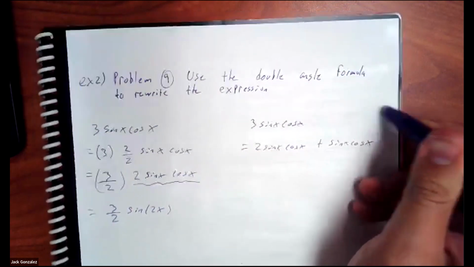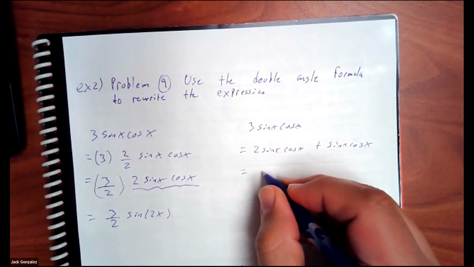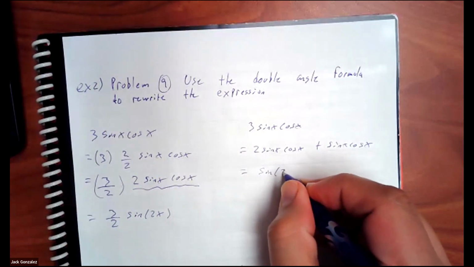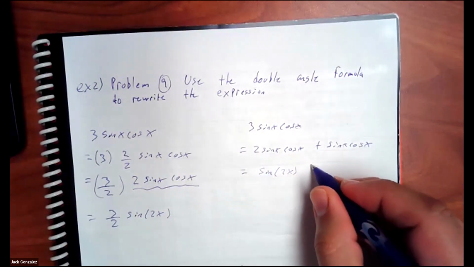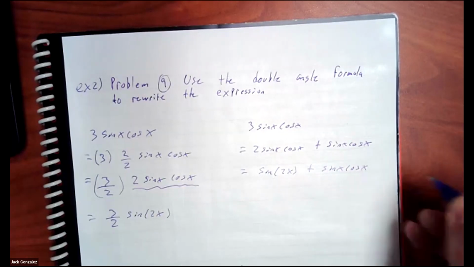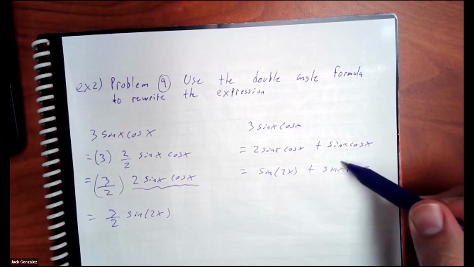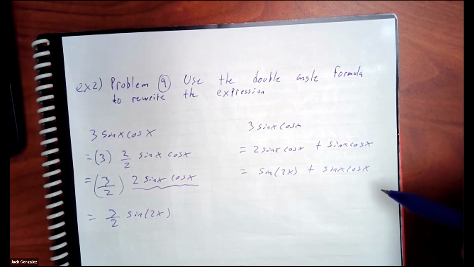What happens? This would be sine 2x plus sine x cosine x. So I still have this garbage. I'd have to still introduce that 2/2 in order to condense it.